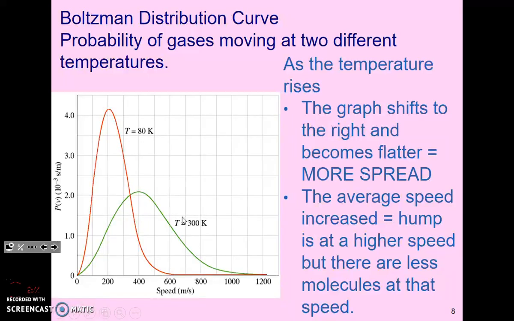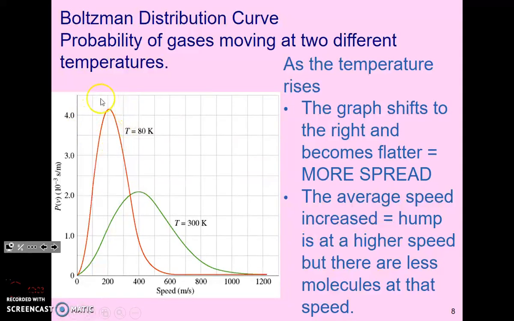And there are two things you need to know. The graph of the hotter gas has more spread, which means there are more possible speeds. What's also true in the hotter gas is the average speed is faster. And the average speed is where the hump is.